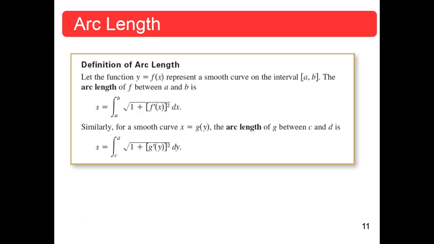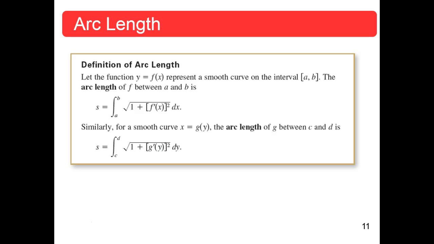So here's the definition of arc length. Let some function y equals f of x, and those have to be, in order to do these by hand, very carefully selected, represent a smooth curve on some interval a to b. The arc length of f between a and b is then this: s is the arc length, equal to the integral from a to b of the square root of 1 plus f prime squared dx.